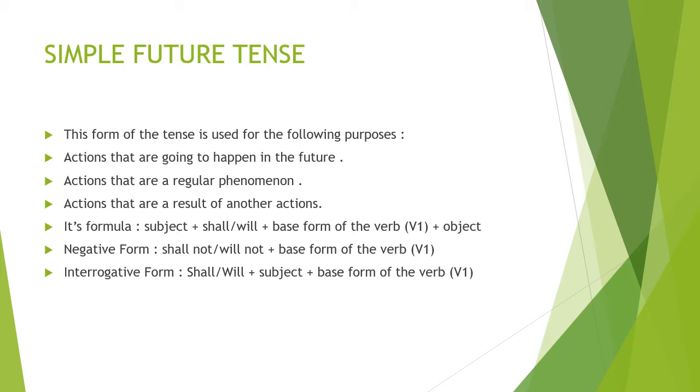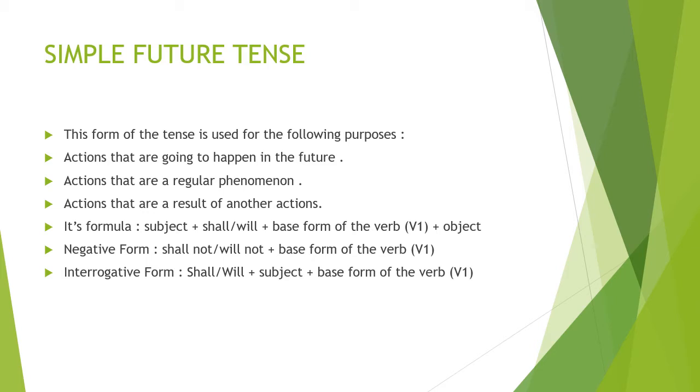This form of the tense is used for the following purposes: actions that are going to happen in the future, actions that are a regular phenomenon, actions that are a result of other actions. And how can you form a simple future tense sentence? First you have to take the subject, means who is the doer of the sentence. After that you have to add shall or will.